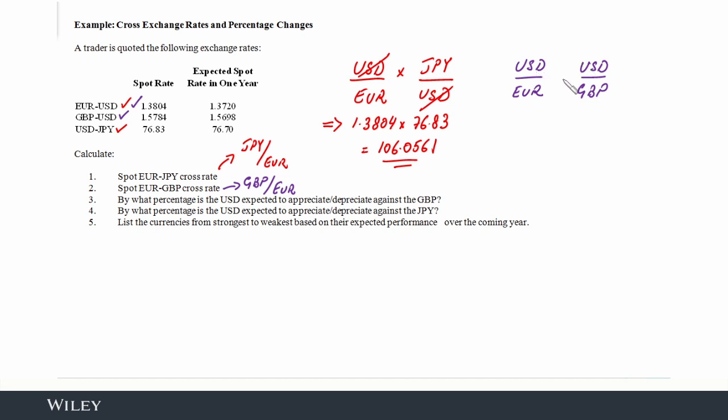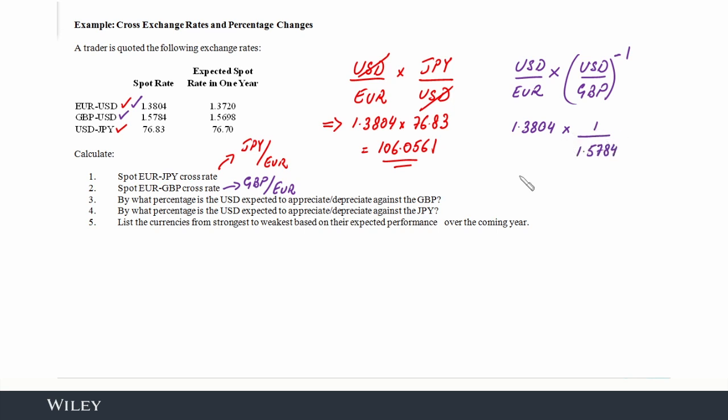So simply multiplying these two exchange rates will not solve your problem because the USD does not cancel out. However, if you were to invert this exchange rate quote, then you could put a multiplication sign and then the US dollar would cancel out. So your US dollar per Euro rate is 1.3804, and the inverted value of your US dollar per Pound exchange rate is 1 divided by 1.5784.